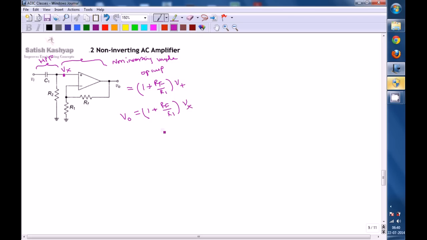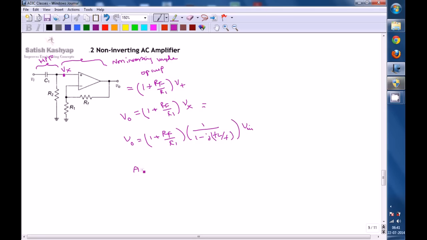So you can write it like this: V0 is equal to 1 plus RF by R1 times Vx. Vx is simply the output of the high pass filter. We have already seen how to write that expression: it is 1 by (1 minus j FL by F) times V input.